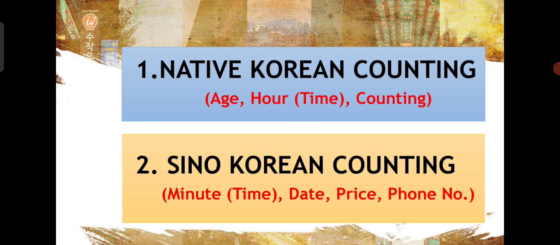So now we have finished our Korean counting systems, native and Sino Korean as well. Native we studied in an earlier chapter, and right now we have completed the Sino Korean counting system too. That is basically used when we talk about minutes, date, price and phone number.